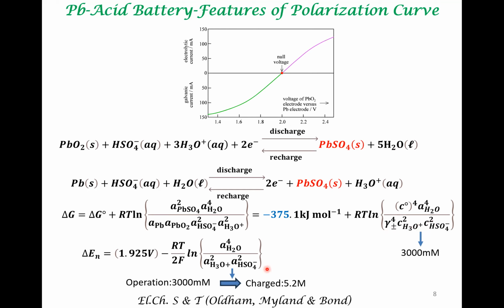However, in a fully charged battery, this concentration is increased to 5.2 molar. Because of that, you can change this number and get altogether a different value for the potential of a battery. The main control you have during the charging process is to change this quantity, and during the discharging process, this changes spontaneously, so you don't really have a control.